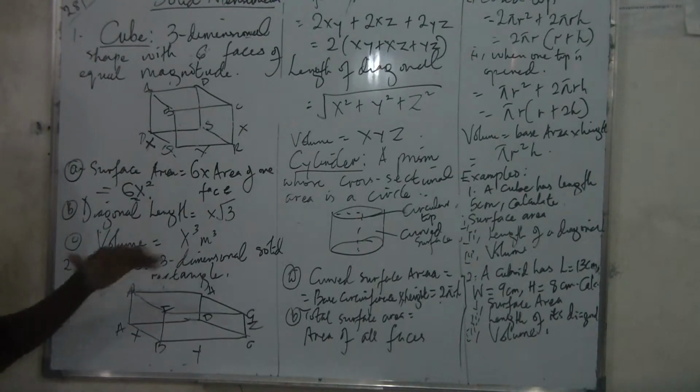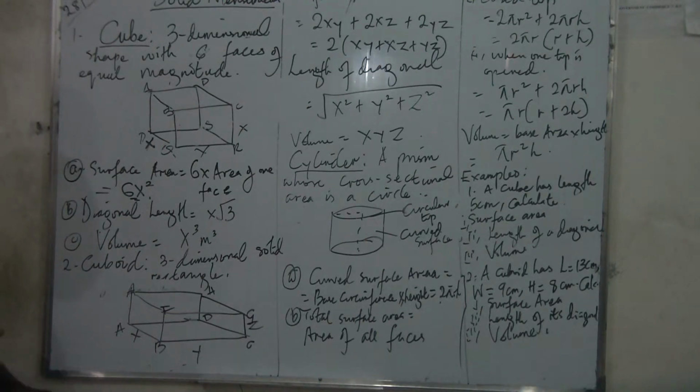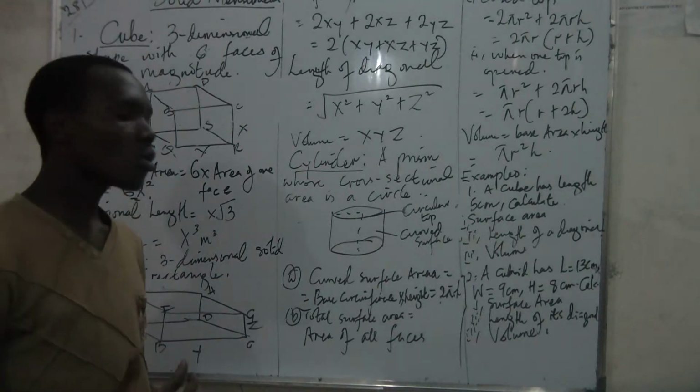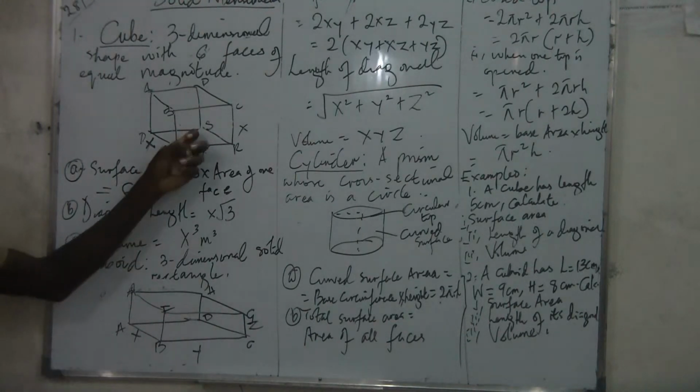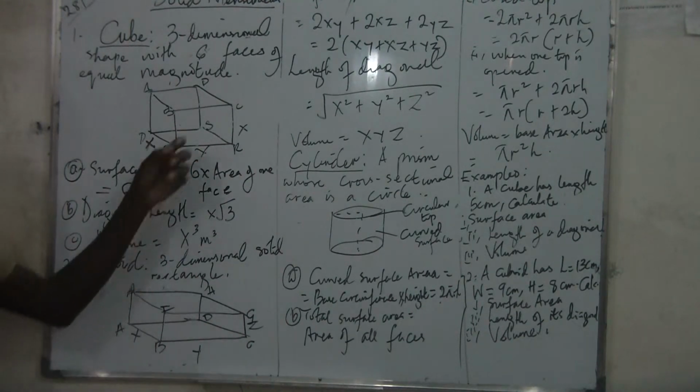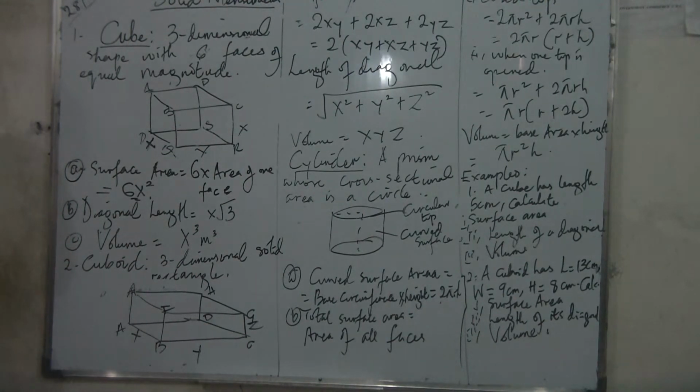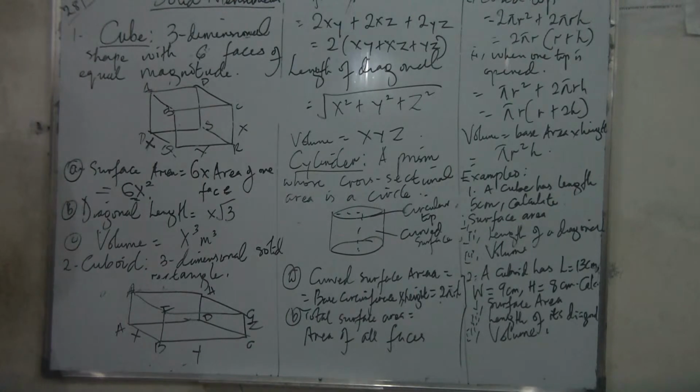Then the next thing we look at is the volume of the cube. The volume means the amount of space that is occupied within that solid shape. For instance, if I place water inside this cube, the volume of the cube is the amount of water that will fill up that particular cube.